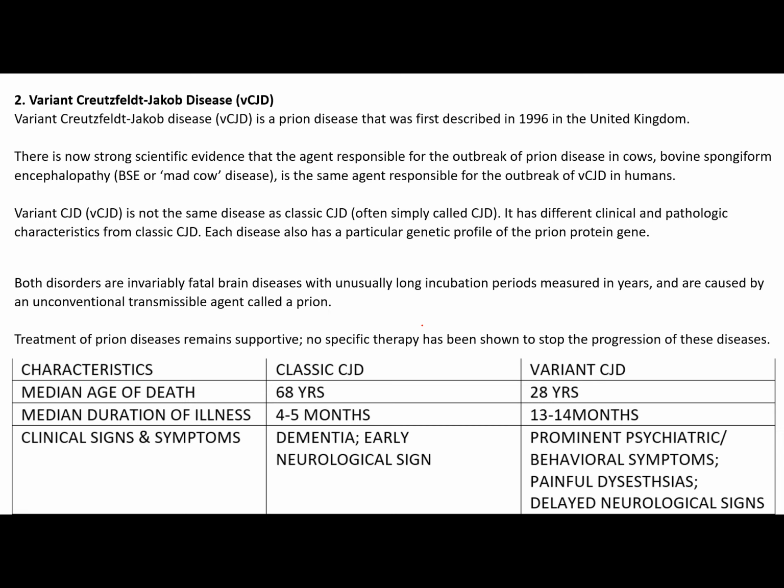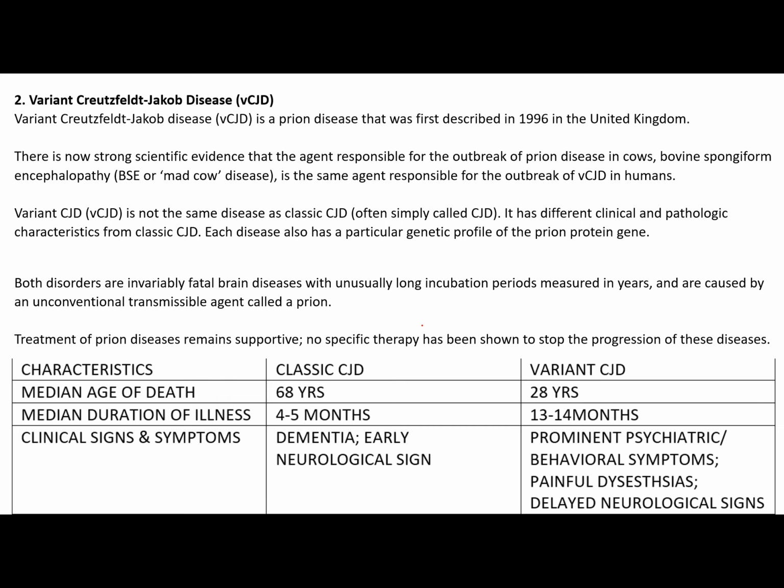So the median age of death for classic CJD is 68 years old. For variant CJD, it's 28 years old. So kung may classical CJD ka, you tend to die at an older age. But if you have a variant CJD, you tend to die at a younger age.